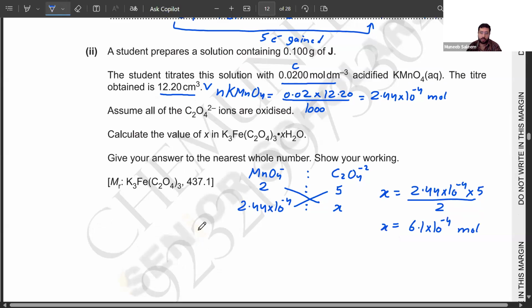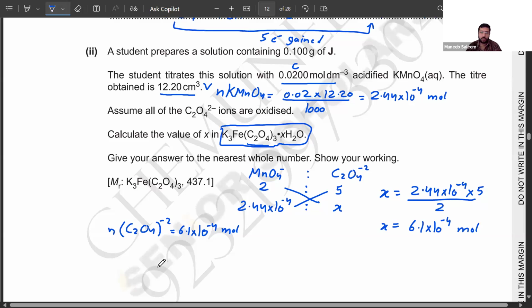X is this, which means that the number of moles of C2O4 2- is 6.1 times 10 to the power minus 4 mole. Okay, so we have just calculated the number of moles of this part only. Now we have to consider one more relationship between the moles of the C2O4 and the moles of this whole complex.